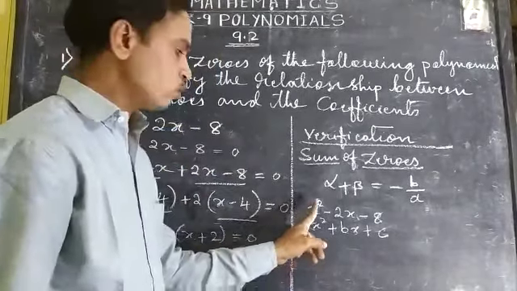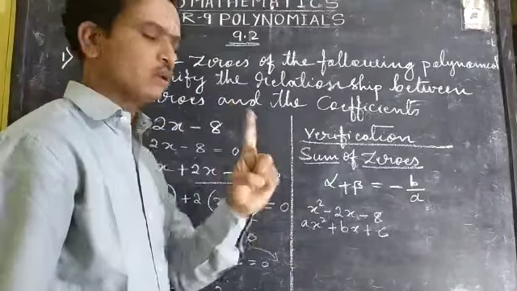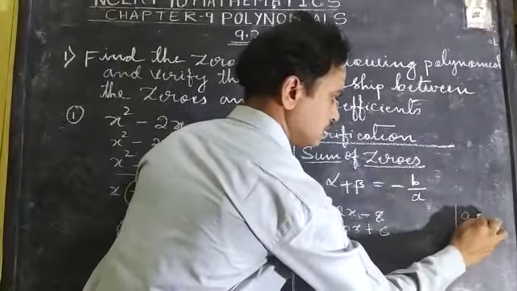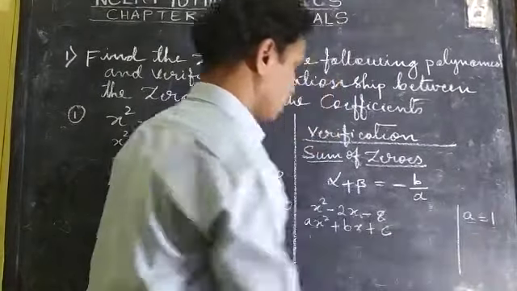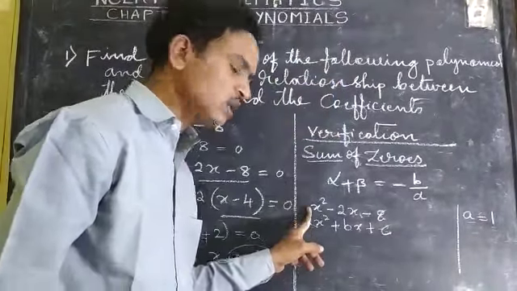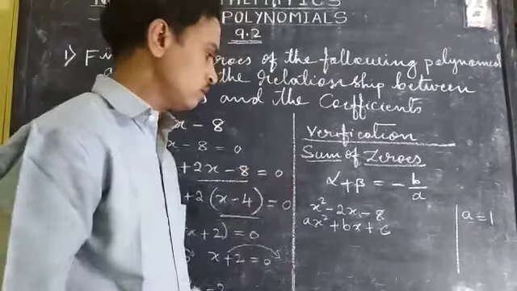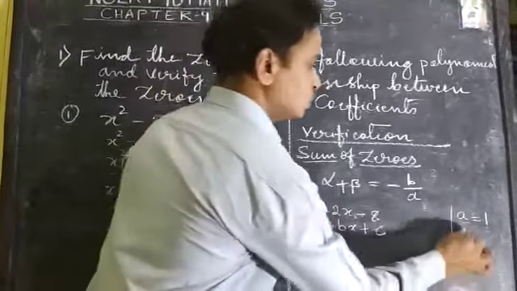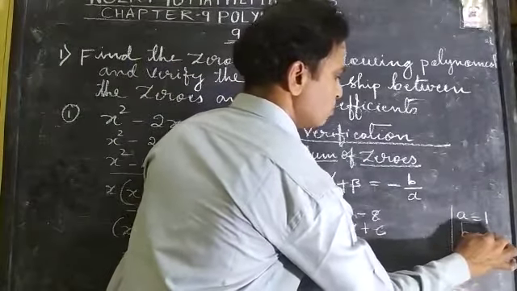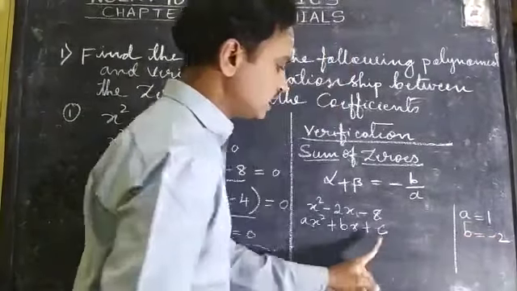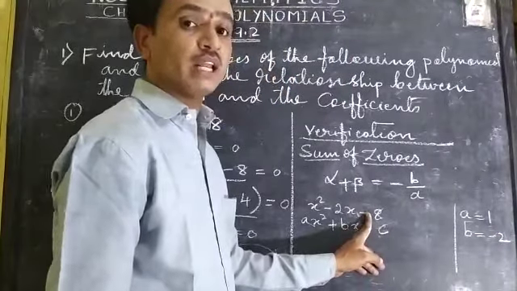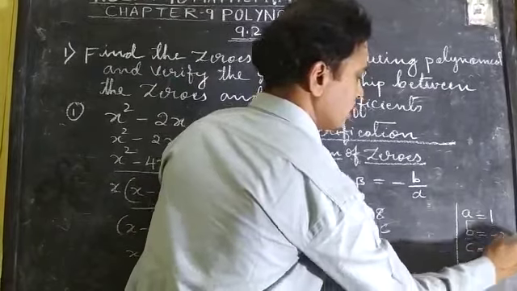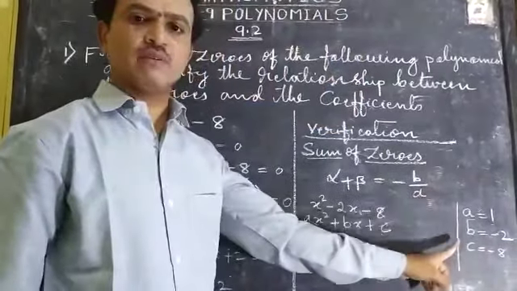That means the coefficient of x square is 1. So we should take a as 1. What is in the b place? Minus 2. So you should take b is equal to minus 2. Then c is equal to what is here? Minus 8. c is equal to minus 8. Understood? We got the a, b, c values.